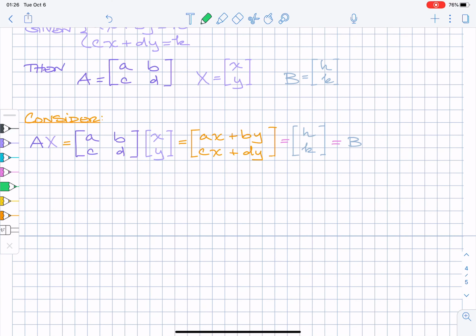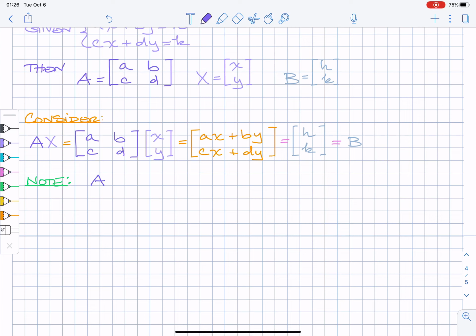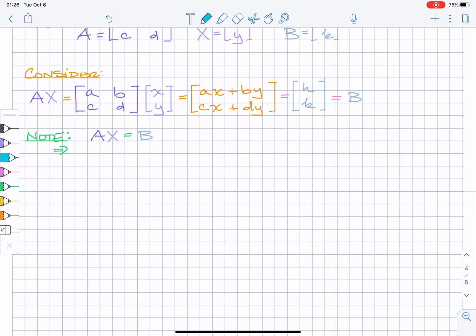Okay, so let's note then. We have AX is equal to B. Well, this implies that A inverse AX is equal to A inverse B. And this is left multiplication by A inverse.